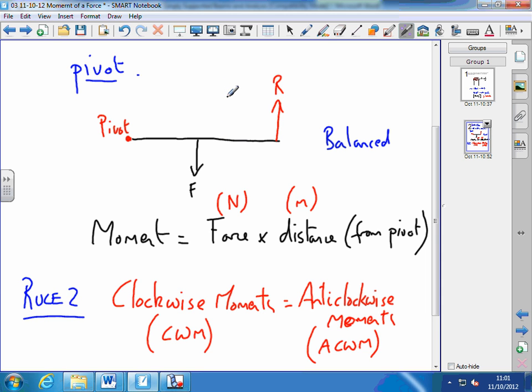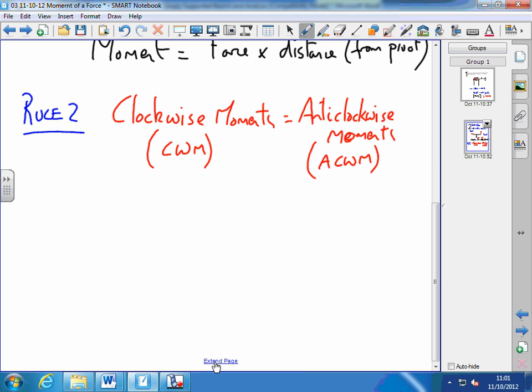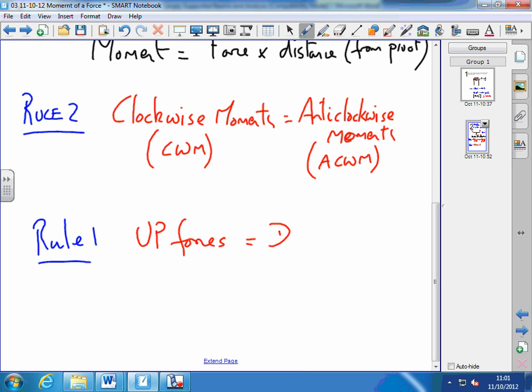Okay? So that rule can also be applied together with Rule 1, which is that up forces equal down forces in a balanced situation. We're always referring to a balanced situation.